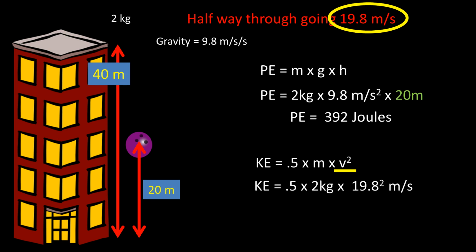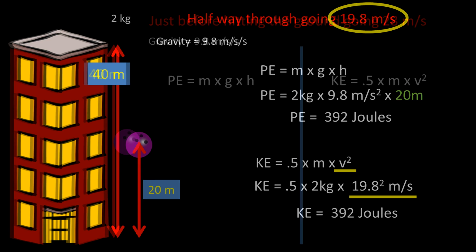We have 0.5 times 2 times 19.8 squared. And the formula says we have to square our velocity. So putting that through the math, the calculator gives me kinetic energy equals 392 joules. So here you can see that potential energy and kinetic energy are the same, right? 50% potential, 50% kinetic, and they are equal.